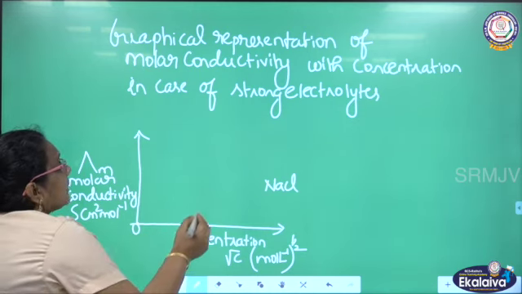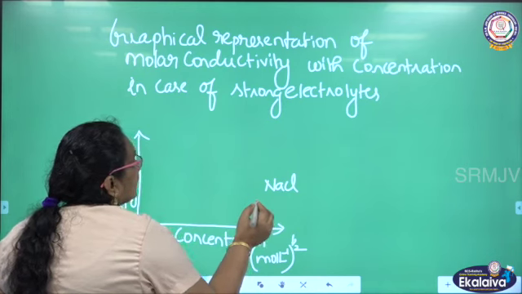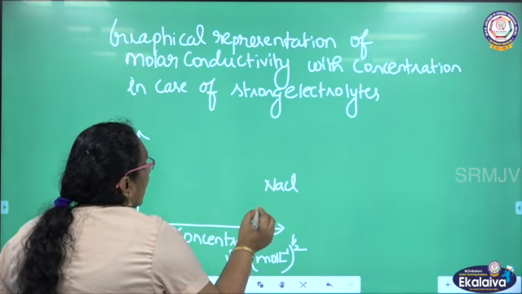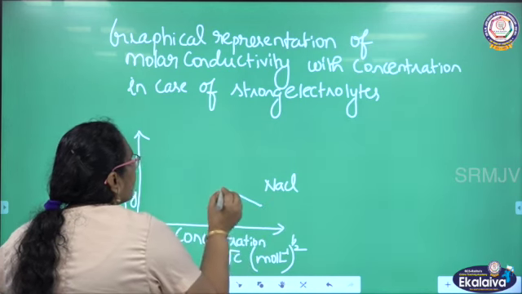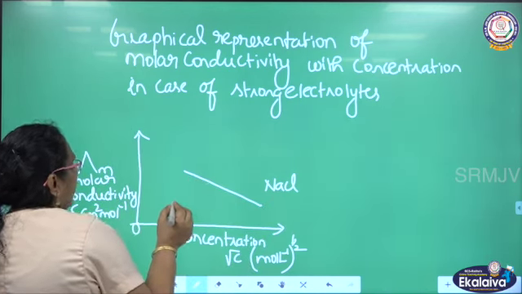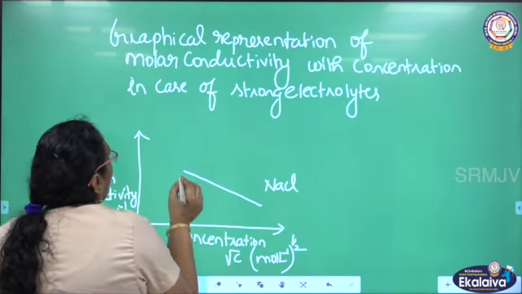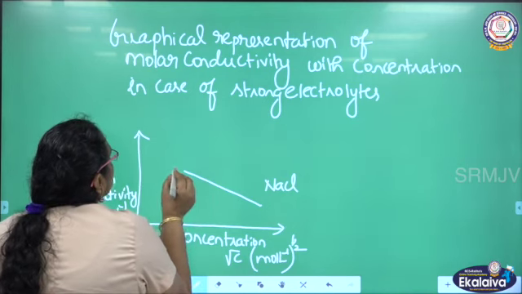In case of strong electrolyte, what is happening? When the concentration decreases, the molar conductivity approaches 0.